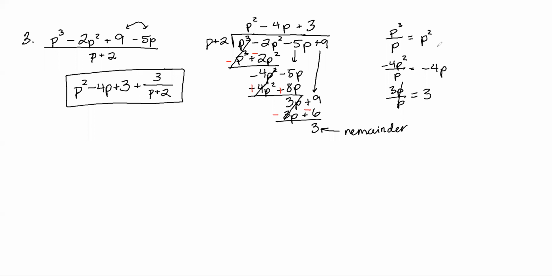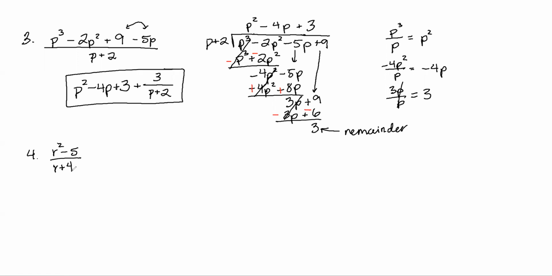Okay, let's go ahead and try another one, and this next one's a little weird. Let's do this one: r squared minus 5 over r plus 4.